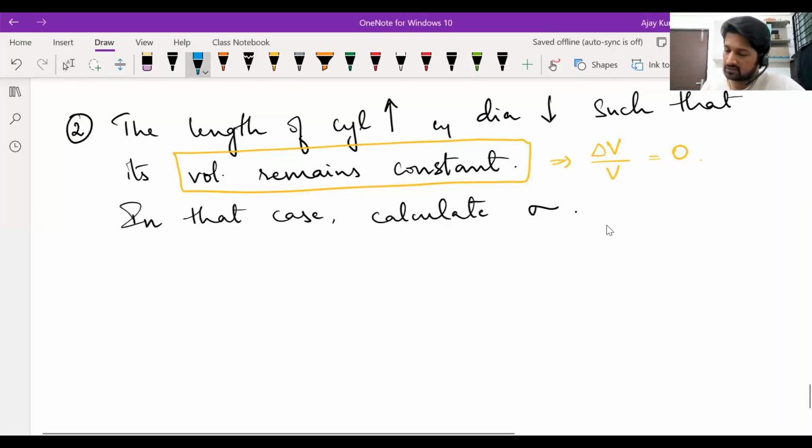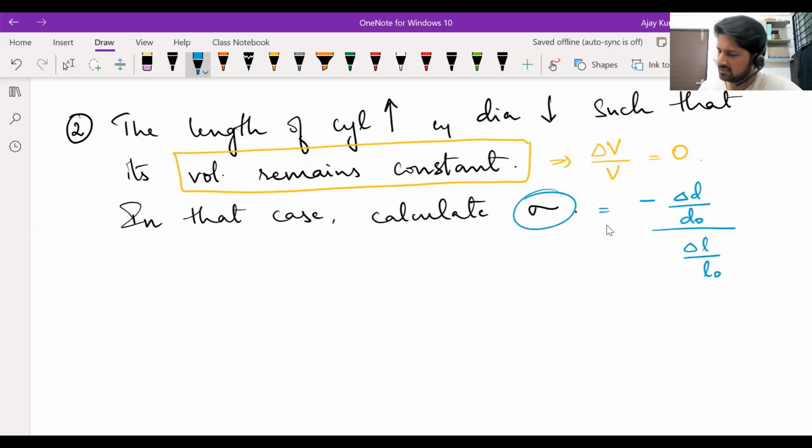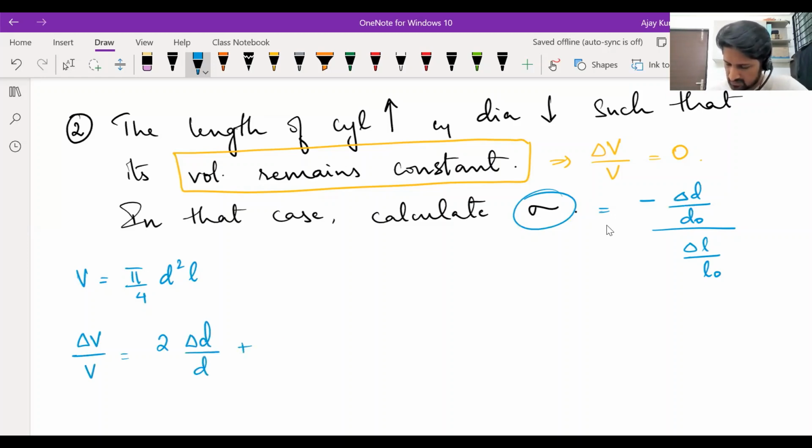You are asked to calculate the Poisson ratio. We know Poisson ratio is the negative of the relative change in diameter of the cylinder divided by the relative change in length of the cylinder. Now you are told that volume remains constant. Volume is pi by 4 D square L. So relative change in volume is 2 times relative change in diameter plus relative change in length.